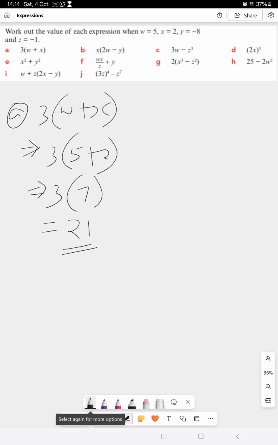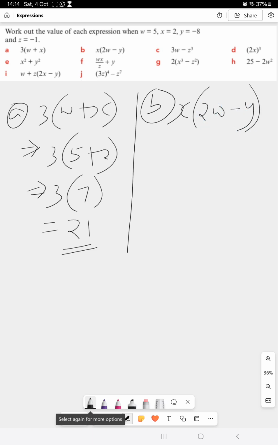That is the answer. Now let's do B here. B, we are told again, it is X into 2W minus Y. Again, X is 2 into 2 times W is 5 minus Y is negative 8.